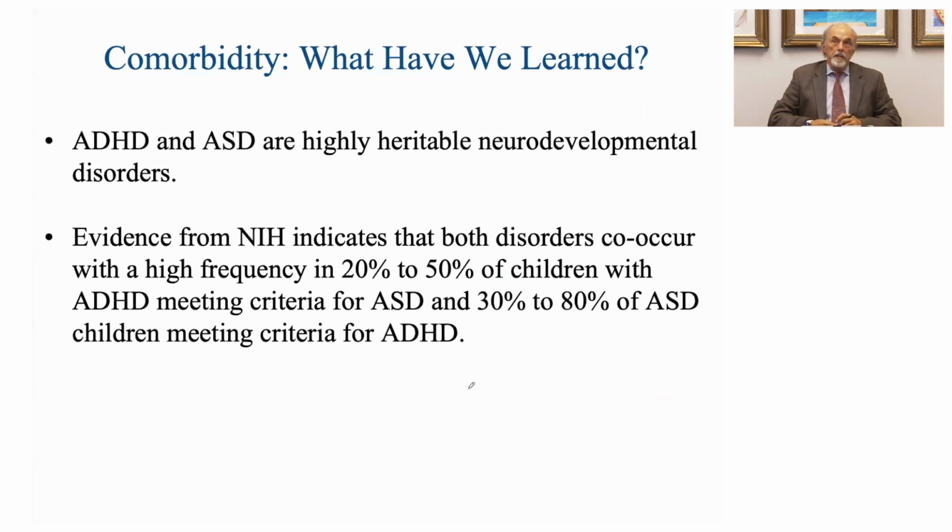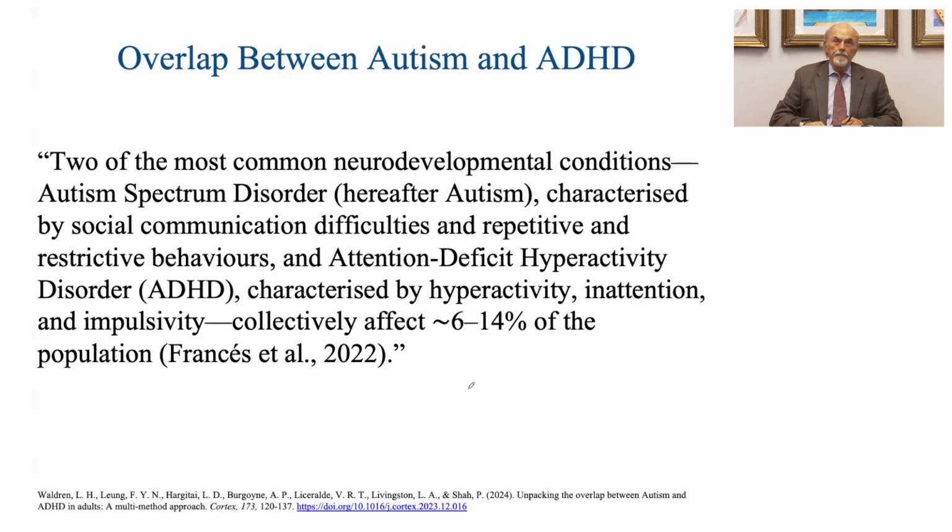Continuing with the NIH, it indicates that both disorders co-occur with high frequency, with children meeting the criteria for ASD, and 30 to 80% of autistic spectrum disorders meeting the criteria also for attentional factors or ADHD.